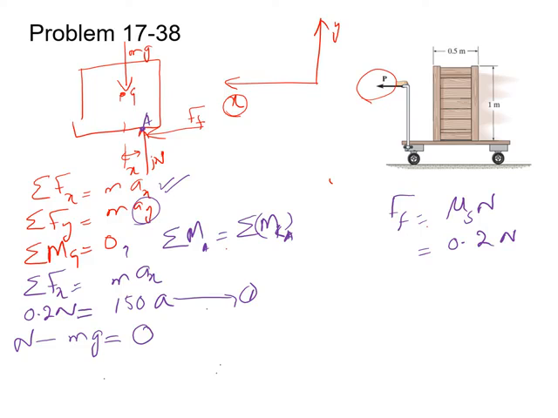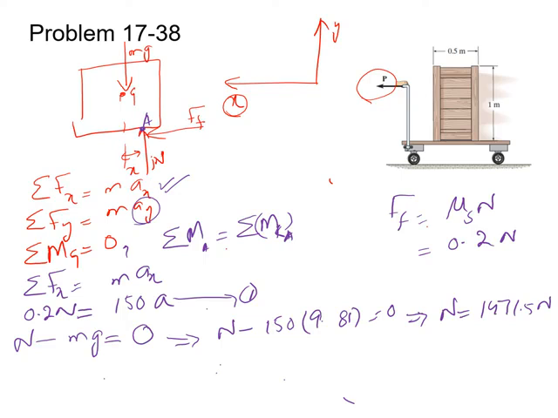So this would be equation 2. From equation 2 we can write N minus 150 times 9.81 equal to 0. So this implies that N equal to 1471.5 Newton. This is the value for the normal force.